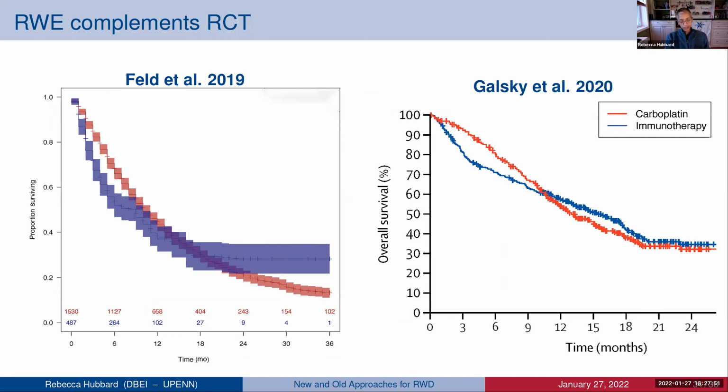So I think using real-world data to complement randomized clinical trials makes a lot of sense. We should never expect that they're going to completely replace trials, because trials are able to achieve confounder control in a way that observational studies will always struggle with. At the same time, observational studies and real-world data will allow us to reach populations that trials tend to exclude.